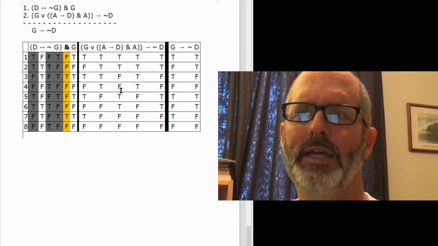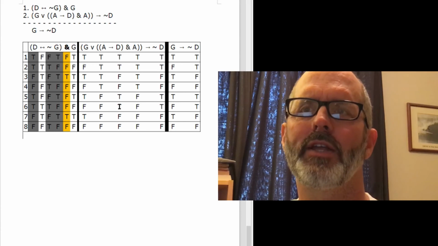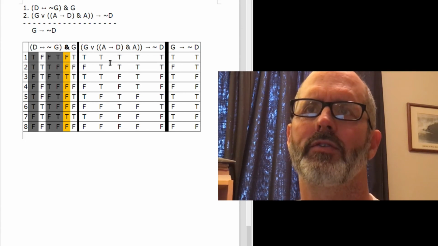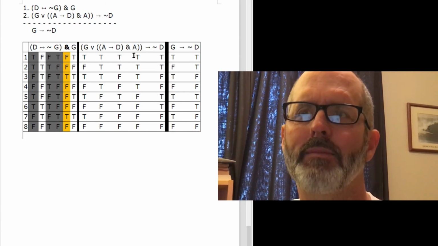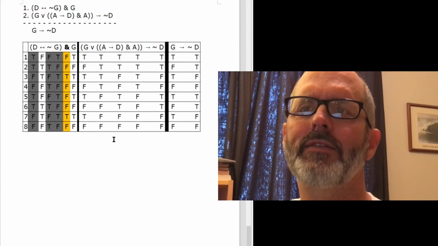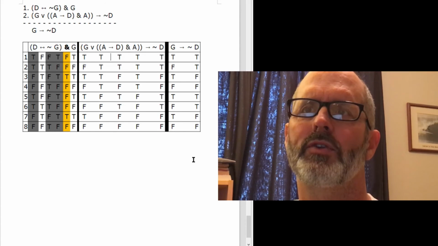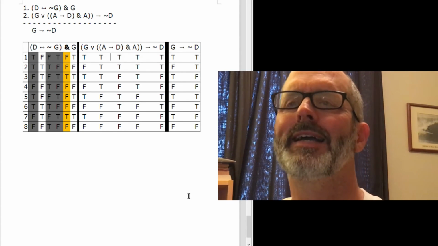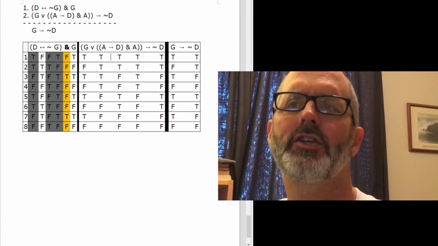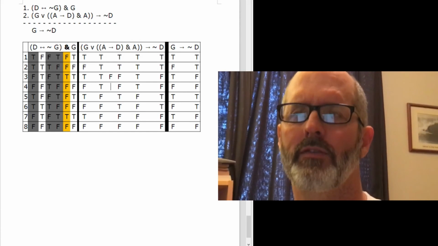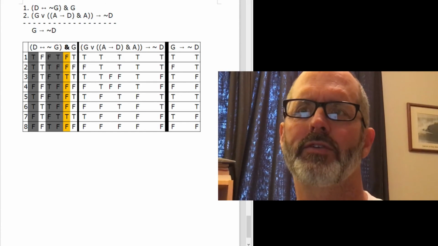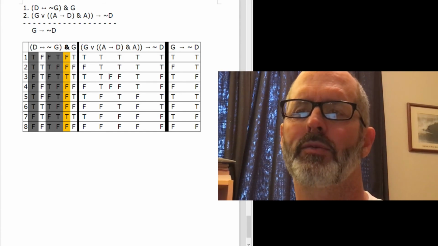Now, look at this beast, right? I need to be very careful that I work from smallest to largest scope, right? So look, I follow my parentheses, see where they open and close. Here is the innermost parentheses, so I will start here. Good. It is a conditional. A conditional is only false when ordered true then false, so I see my 2 false cases in lines 3 and 4.